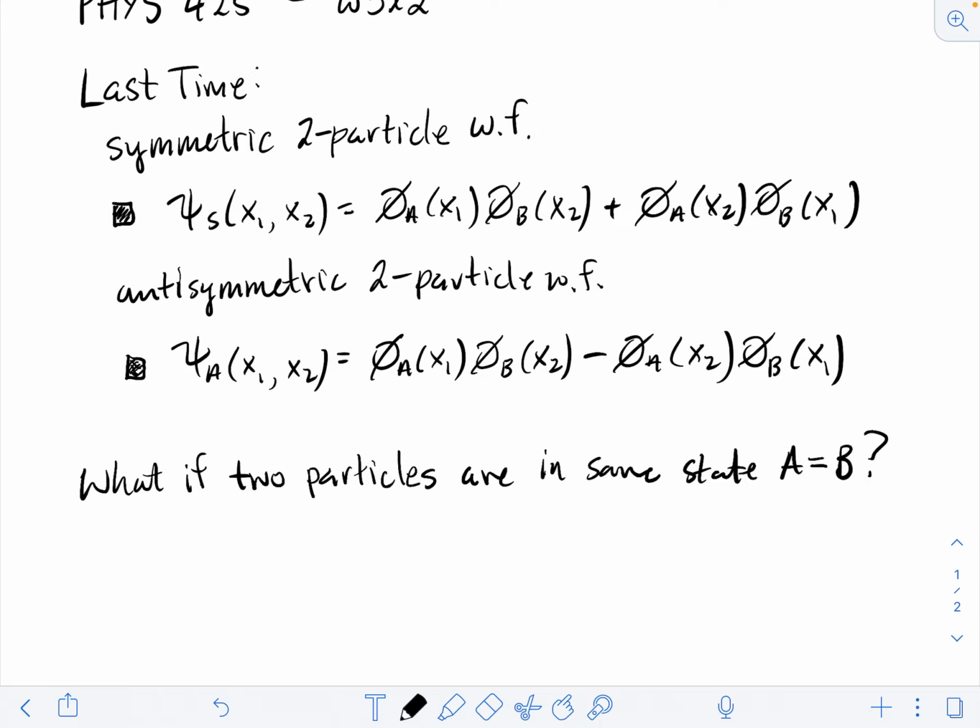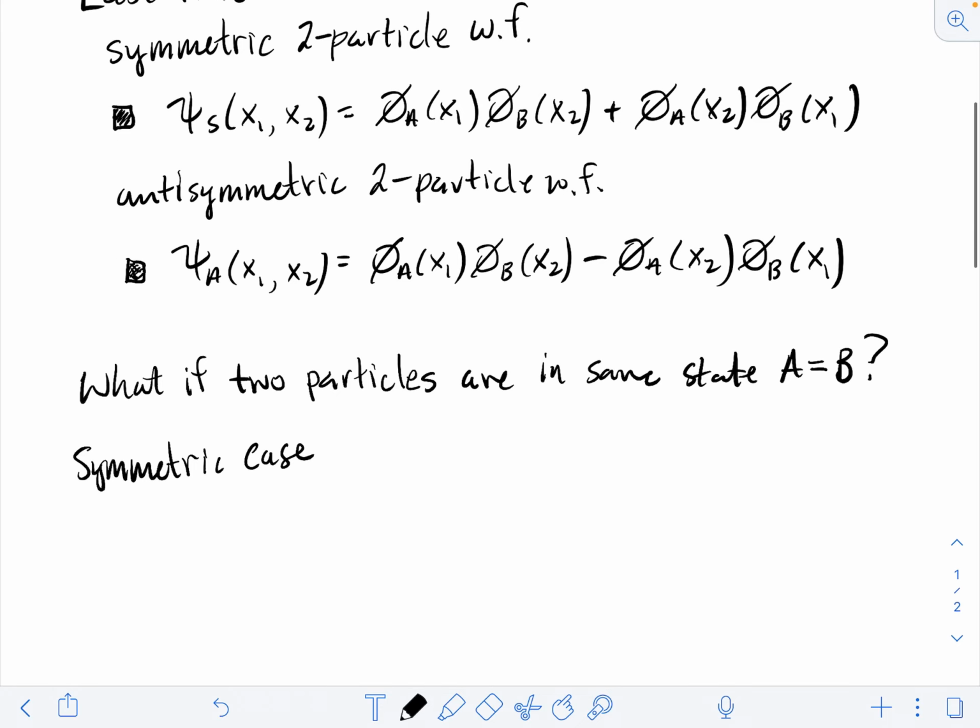We'll start with the symmetric case. What we do in the symmetric case is we just set A equals B, and then we get phi a x1, phi a x2 plus phi a x2 times phi a x1.